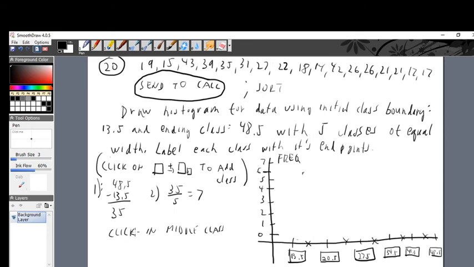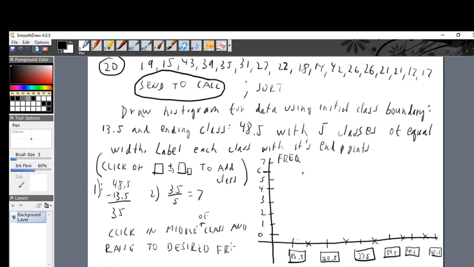So hold on a second. Let me show you. Click in the middle of the class, and raise it to the frequency, the desired frequency.